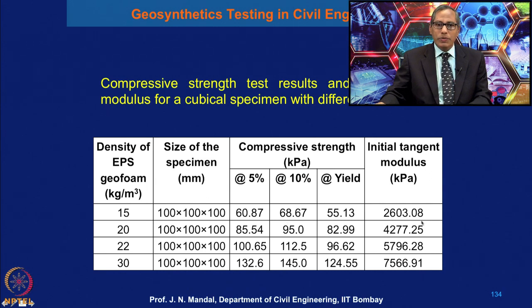For a density of 15 kg per meter cube, the initial tangent modulus is 2603.08 kilopascal. For 20 density, it is 4277.25 kilopascal, for 22 density it is 5796.28 kilopascal, and for 30 density it is 7566.9 kilopascal.